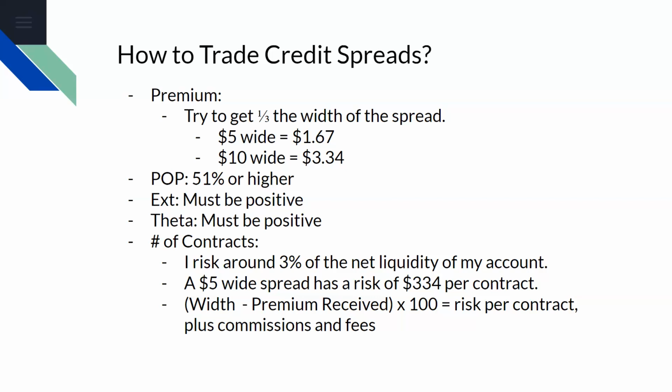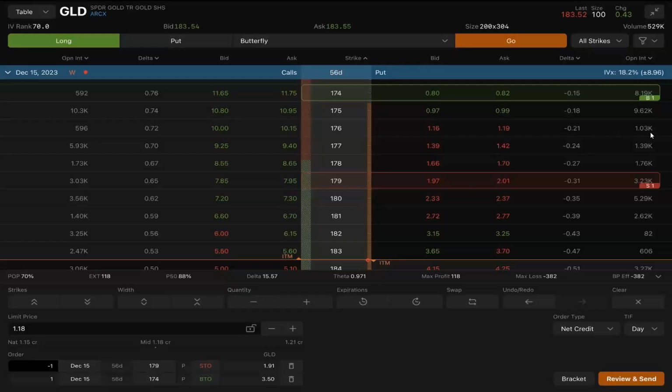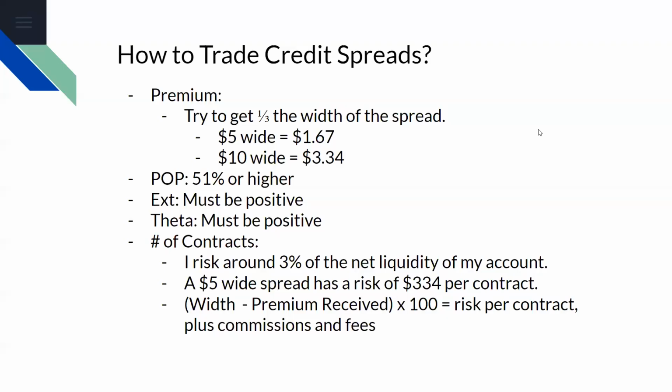Okay, because back here, when you look at this, you see it's showing $1.18 premium is what they're going to give us. But technically, we're risking $382 on this trade. Is that risk to reward worth it? Well, in my opinion, no, it is not. So this is where we start looking at those numbers.